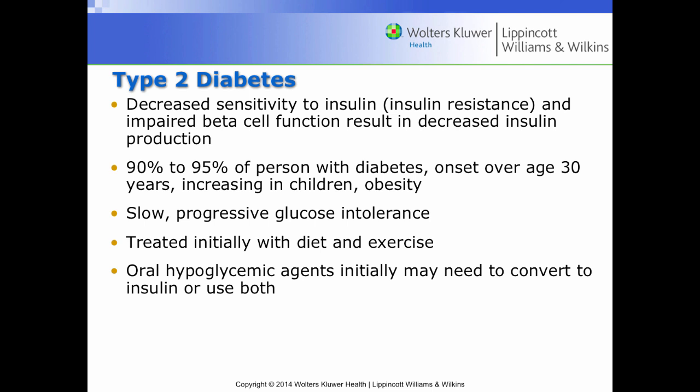And the diet and exercise modification doesn't actually have to be all that extreme. Someone can lose as little as 10% of their body weight, still have, by all definitions, an obese BMI, but lose 10% of their body weight and greatly improve the diabetic status.